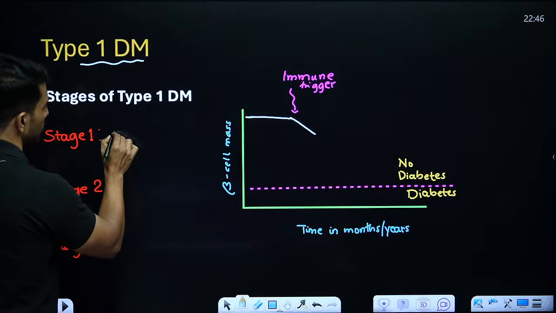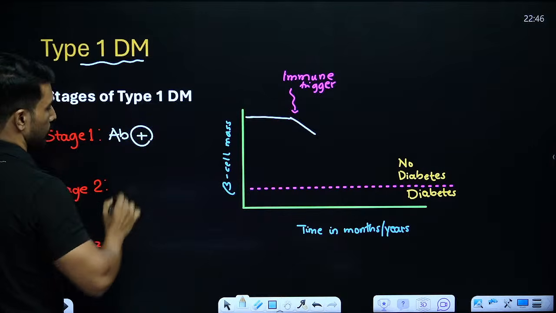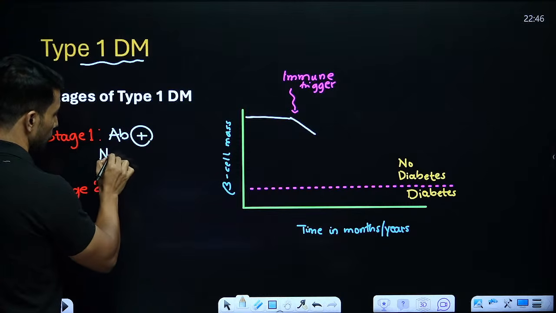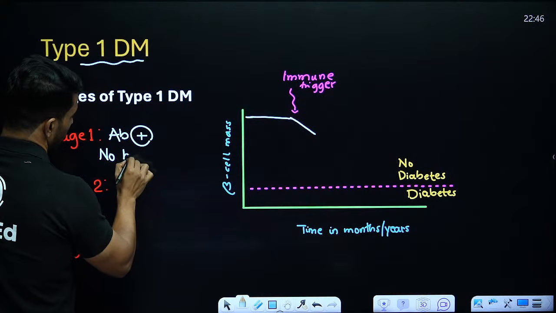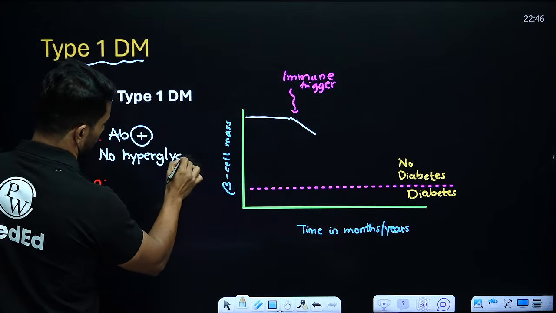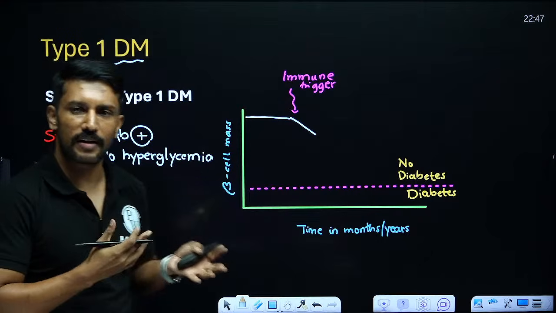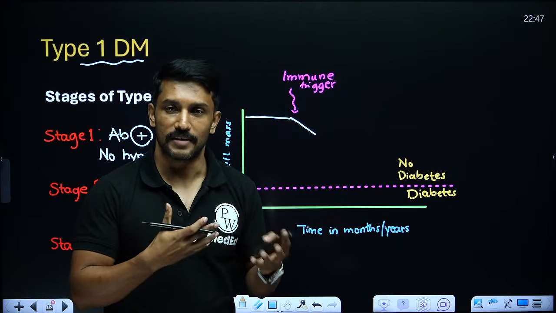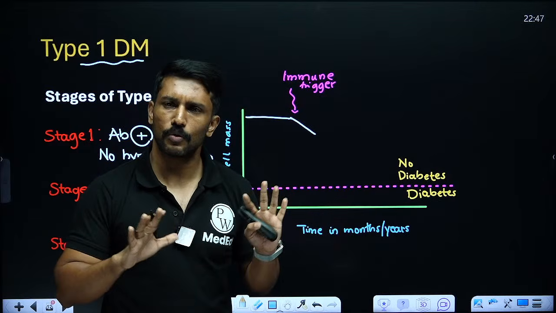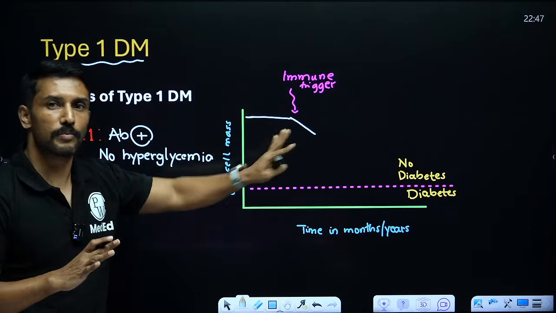So in stage 1, antibodies will be positive, but no hyperglycemia. At this point of time, I may be positive for anti-GAD65 or anti-ZNT8 antibodies, but my blood glucose level will be normal because beta cell mass is still sufficient to maintain the blood glucose level.